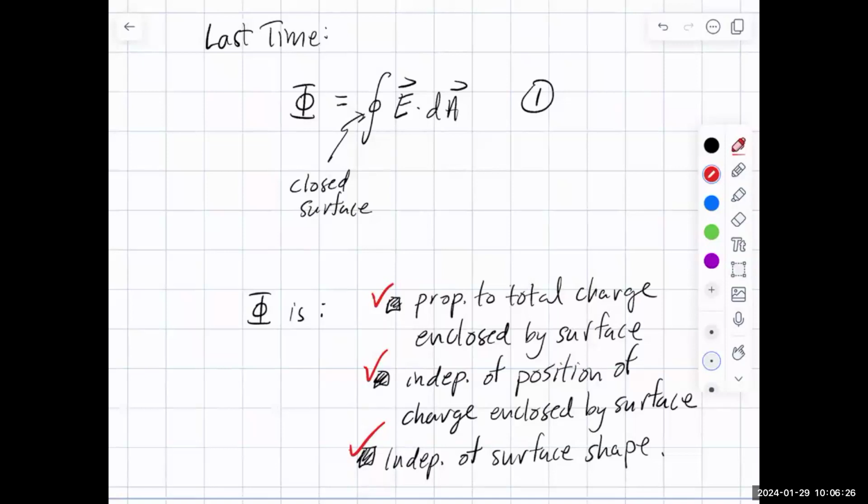So flux is proportional to the charge enclosed, is independent of the position of the charge inside the surface, and is independent of the shape of our surface.